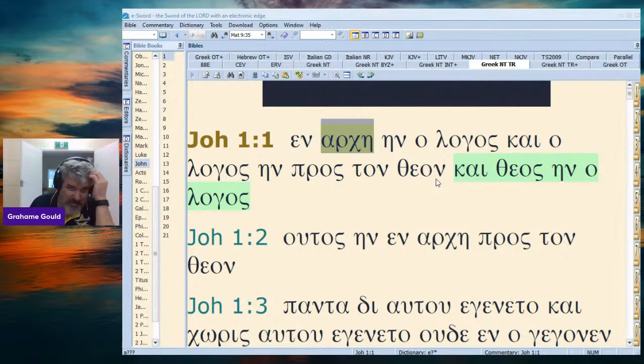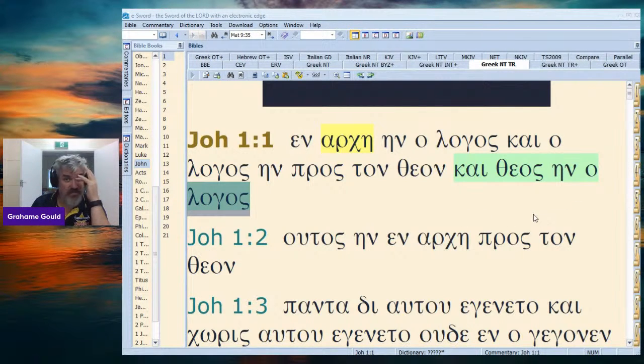I have to say the beginning for that one, so two words for that one. Was the Word, and the Word was with the God, and God was the Word.